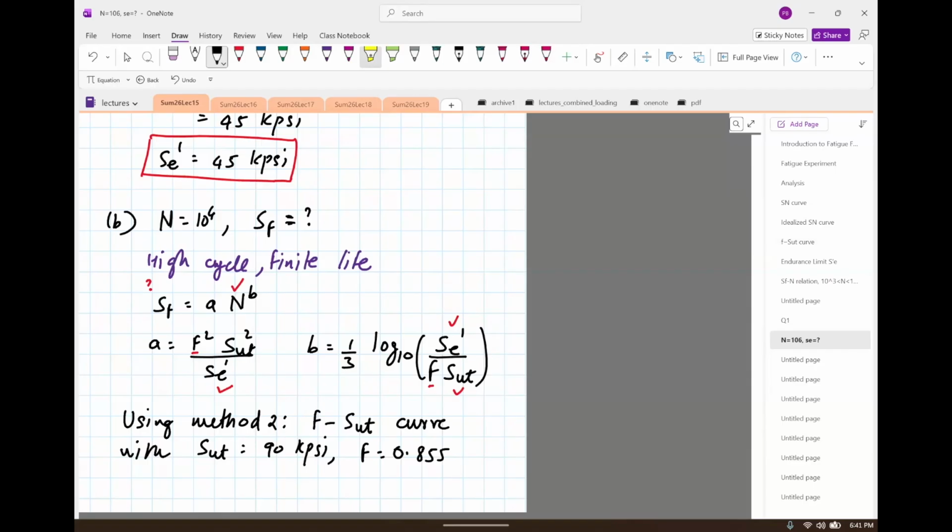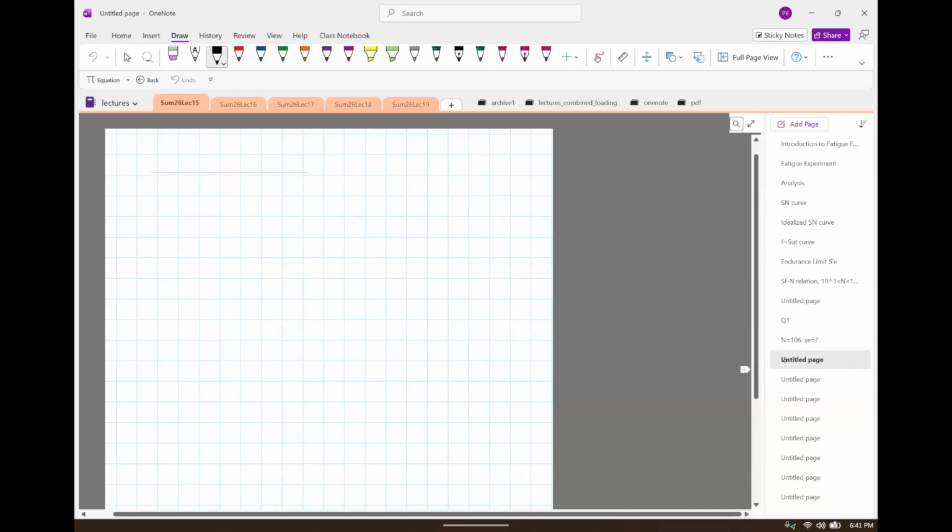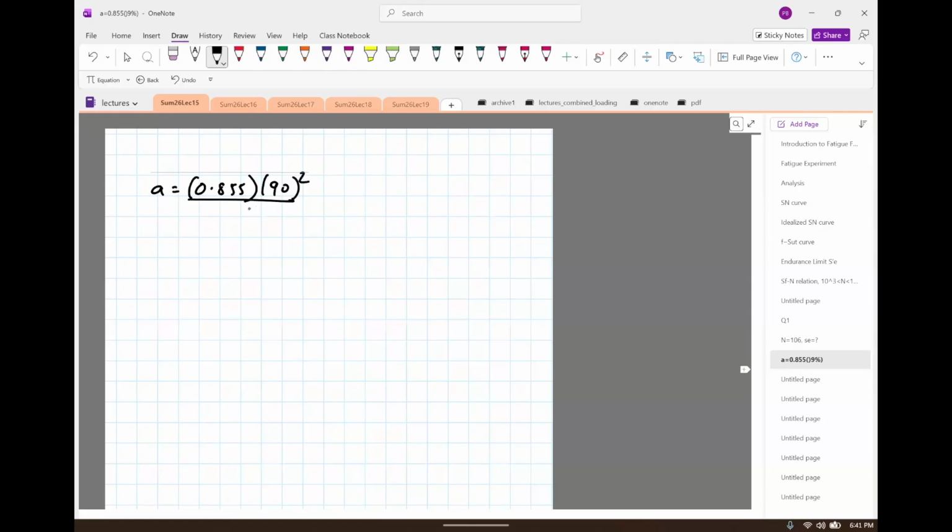So now we just have to sub in this value in here, and then we have A and B, and then we can compute SF. So I'm just going to fill the blanks. So A comes out to be, using 0.855, SUT squared divided by SE prime 45, and then B equals 1/3 log to the base 10 of SE divided by F times SUT.